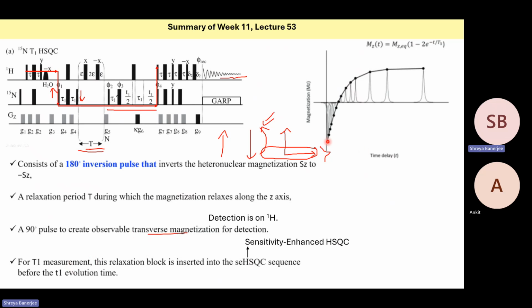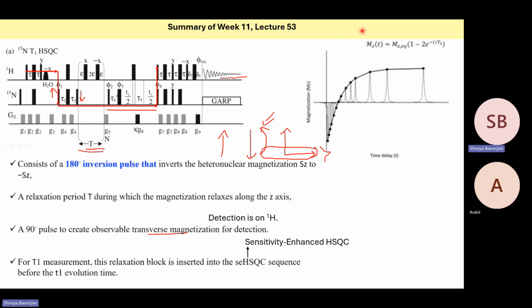You can see the relaxation process shown here. Inversion happens here, and the magnetization is in the minus Z direction. As you're allowing the magnetization to relax in a time period T, you can see the magnetization slowly goes from the minus direction to 0, and then it regains the original plus Z direction magnetization.